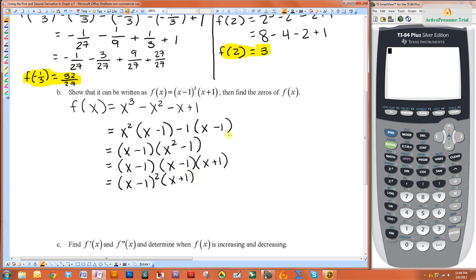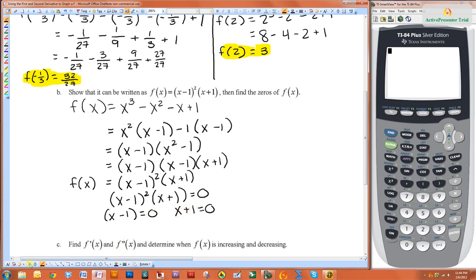Okay. Now the only thing left to do is to find the zeros of the function, and because we have it in this factored form, it's actually pretty easy. All I need to do is use the zero product principle. So this equals 0 when x minus 1 squared times x plus 1 equals 0, when x minus 1 equals 0 and x plus 1 equals 0.